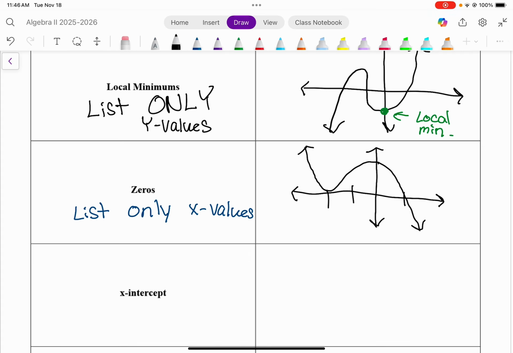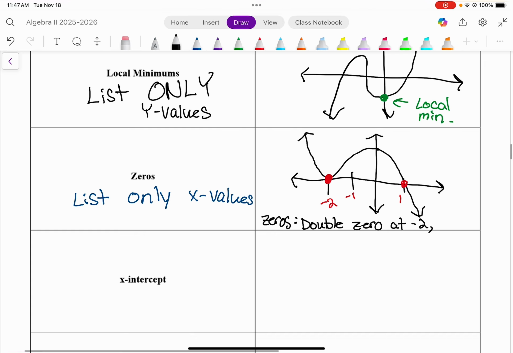There we go. So we have a sketch. This one has zeros at, it looks like, -2 and then +1. So when you list out your zeros, at -2, that's a double zero. And then a single root at +1. So double zero at -2, and then a single root at +1.